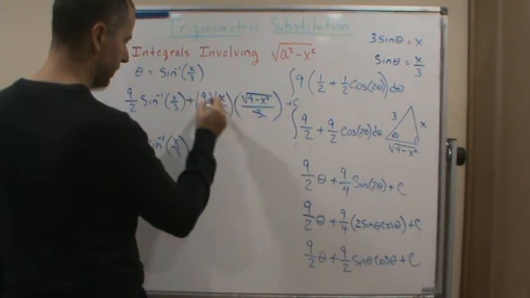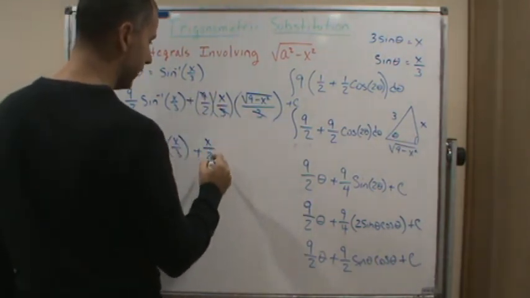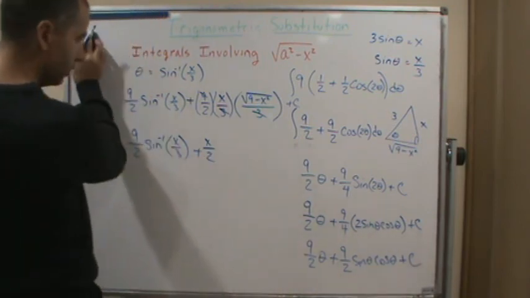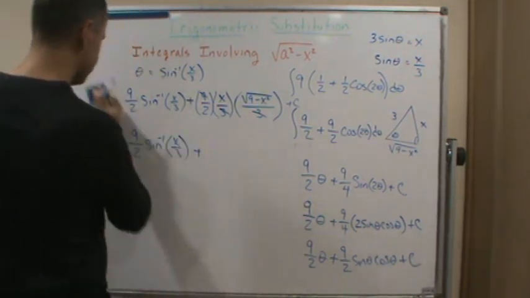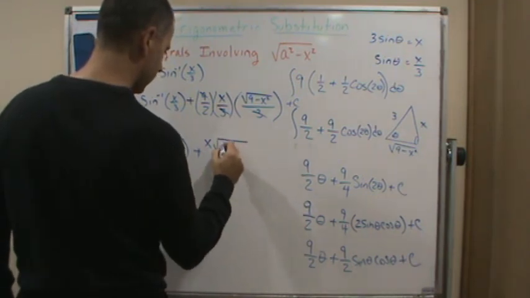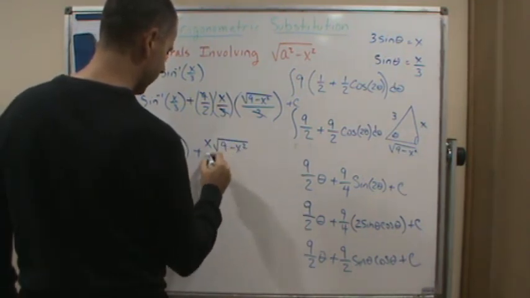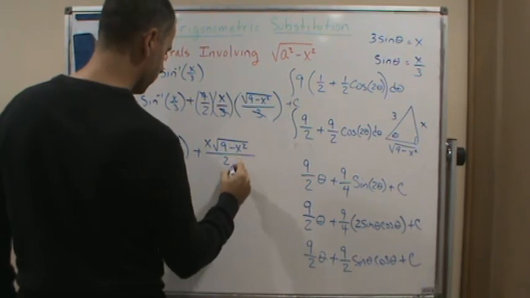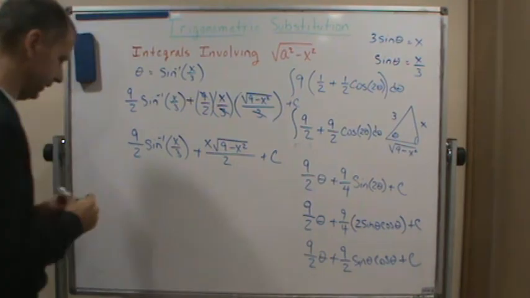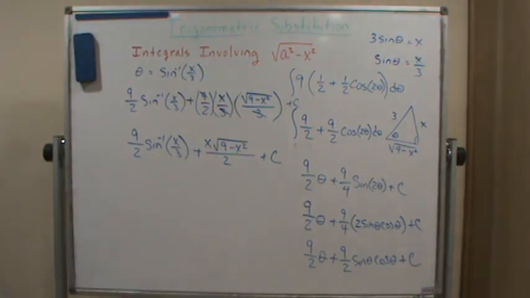And my final answer is going to look like this. It's going to be x times the square root of 9 minus x squared over 2 plus c. And I'm done.